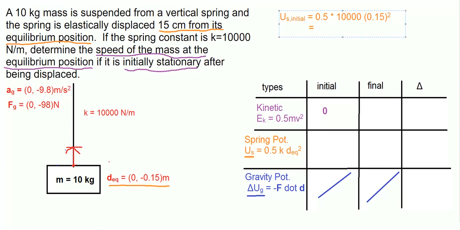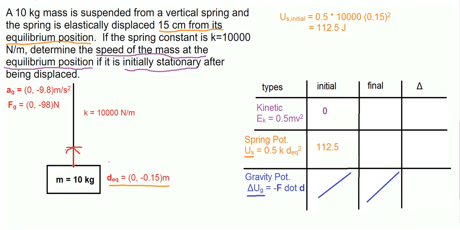If you multiply these all out, you will get an initial spring potential of 112.5 joules. All right, and once you've found that, you can go back to your organizational chart and fill in 112.5 directly into this initial spring potential.